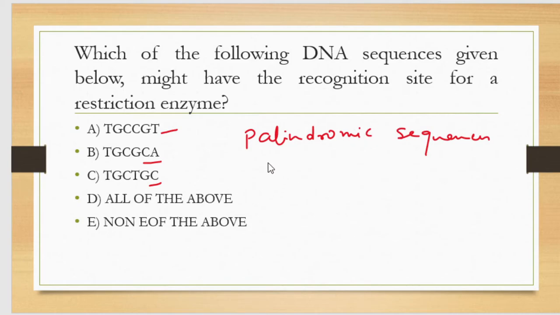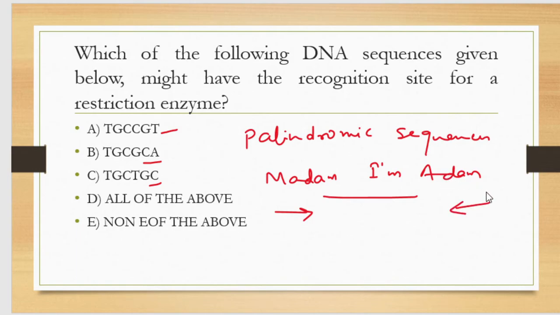You must have heard an example in English: Madam, I am Adam. This sentence is palindromic in nature. If you read it from here, it is Madam, I am Adam, and if you read it from here also, it is Madam, I am Adam. Similarly, even just the word Madam reads the same from both sides.